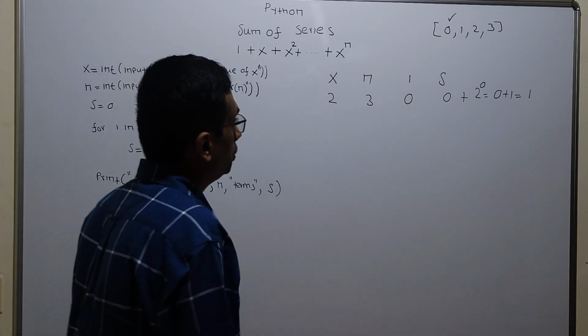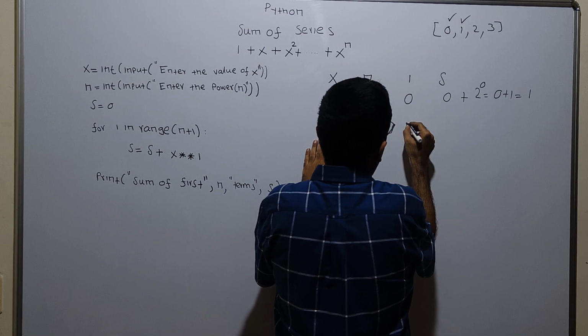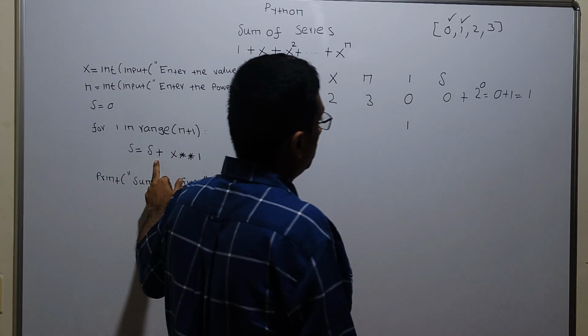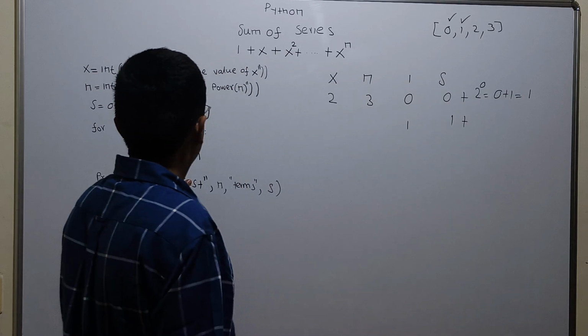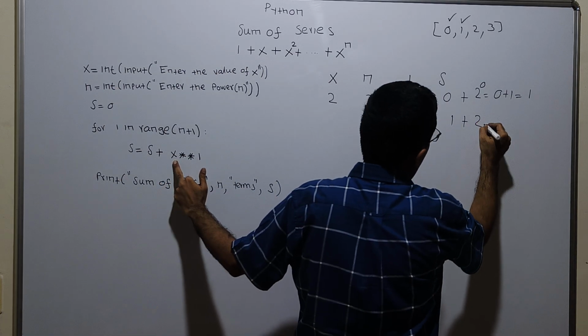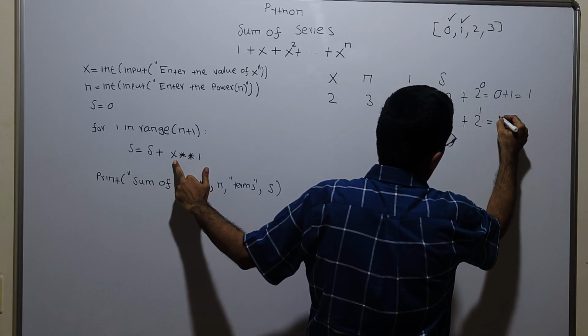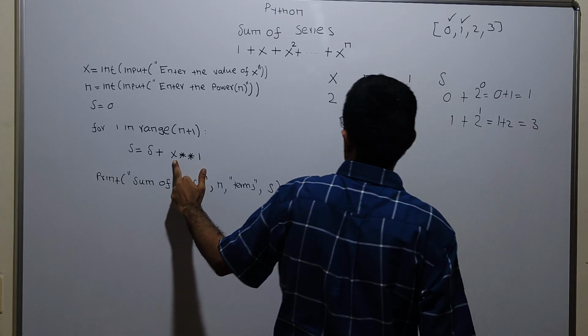In the next iteration, i takes the value 1. The sum equals the existing value of s, that is 1, plus x power i, 2 power 1, which is equal to 1 plus 2, which is equal to 3.